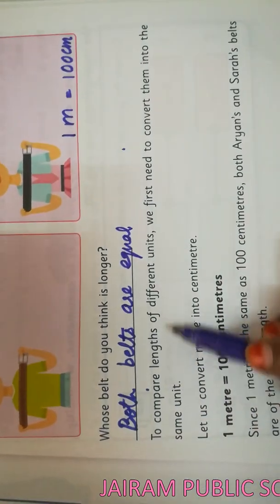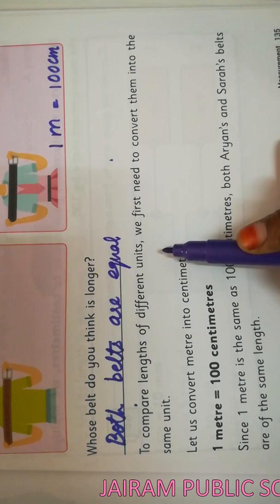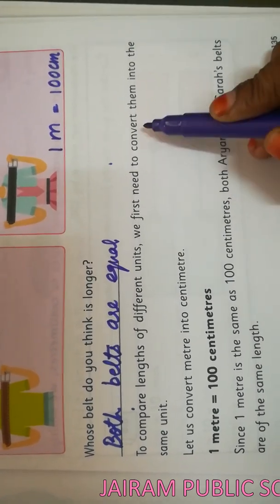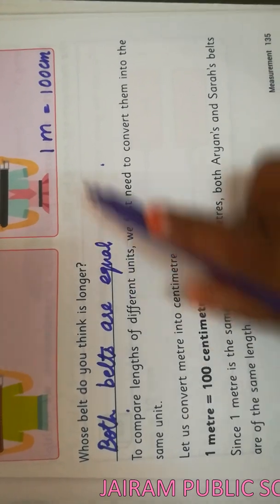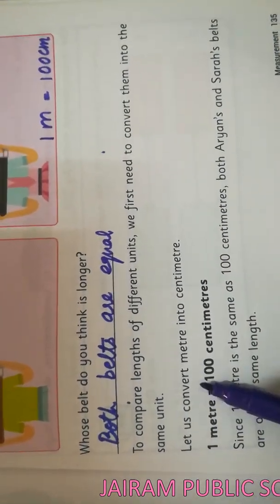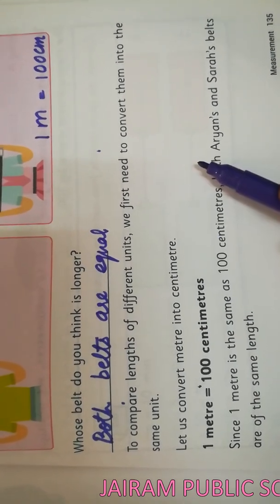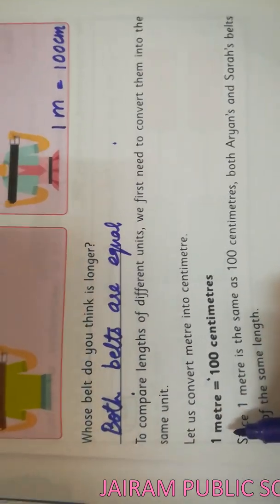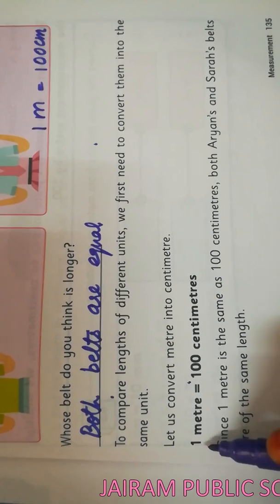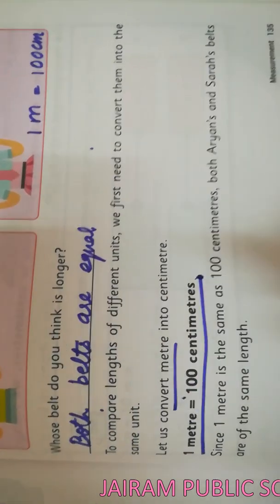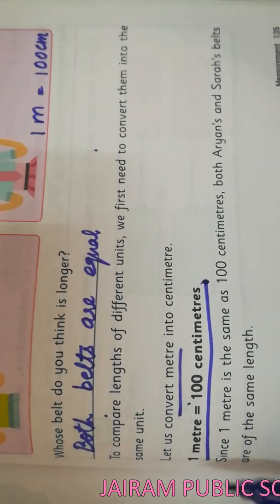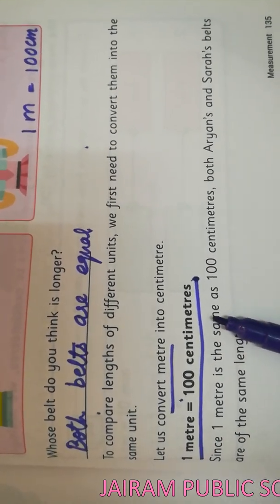To compare lengths of different units, we first need to convert them into the same unit. Let us convert meter into centimeter. 1 meter is equal to 100 centimeters.